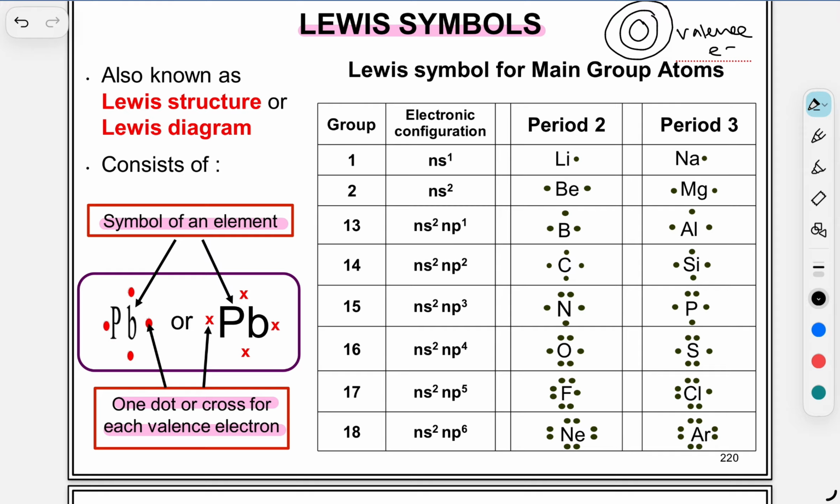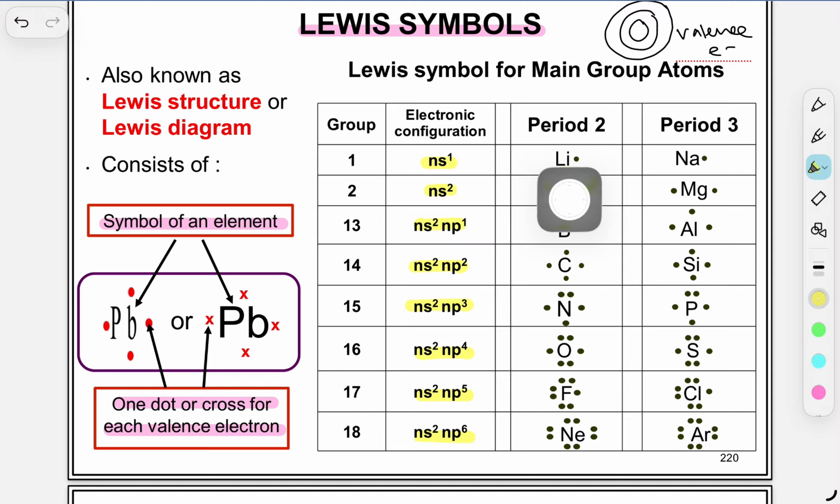All right. So these are the general valence electron configurations. As you can see over here for group 1, group 2, group 13, 14, 15, 16, 17 and 18. And for this chapter, we will be mainly focusing on S block and P block elements. Alright, so now let's look at period 2 and its counterpart in period 3. So group 1, lithium, we know that.